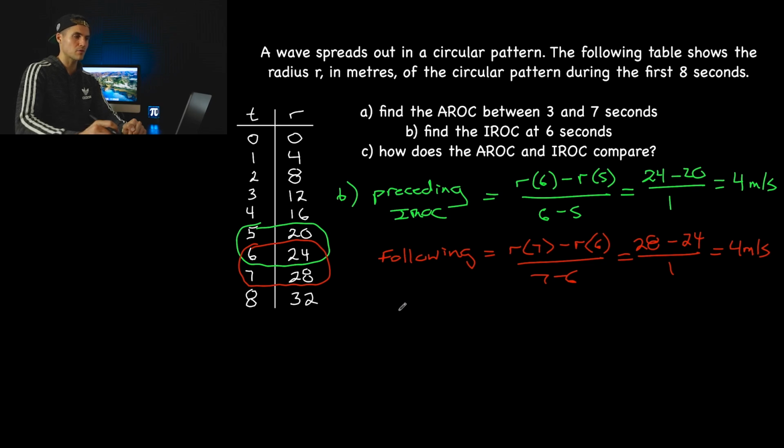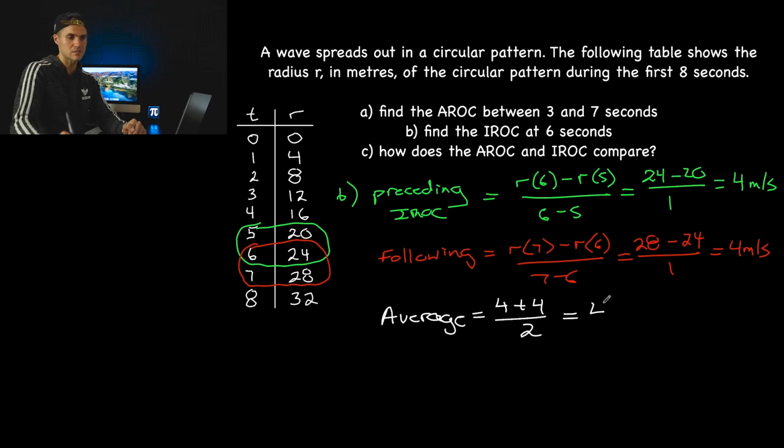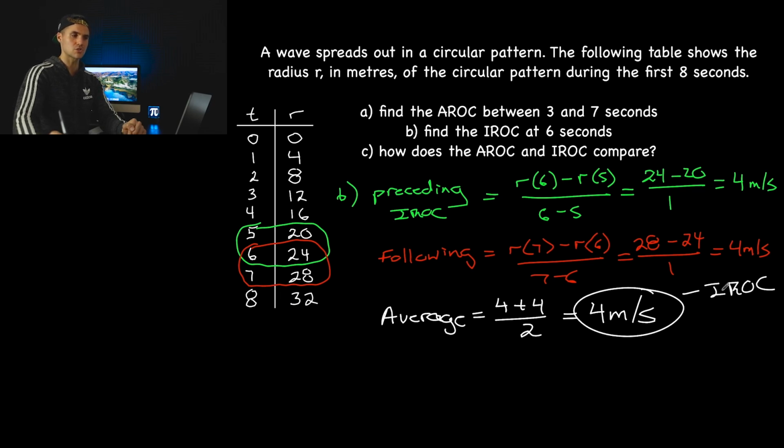Then our next step is we average these two, but the average of the same amount is just going to be the same amount. So 4 plus 4 divided by 2 gives us 4 meters per second, which is the instantaneous rate of change.